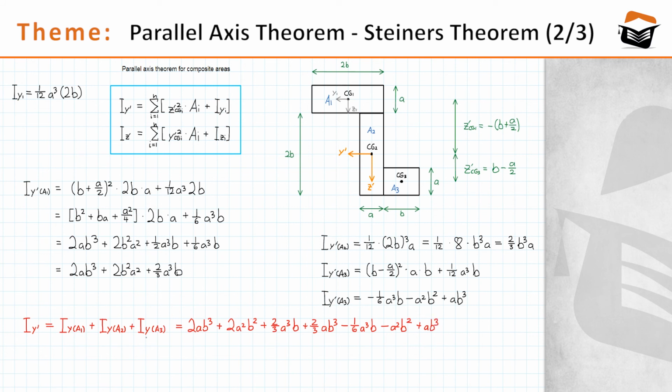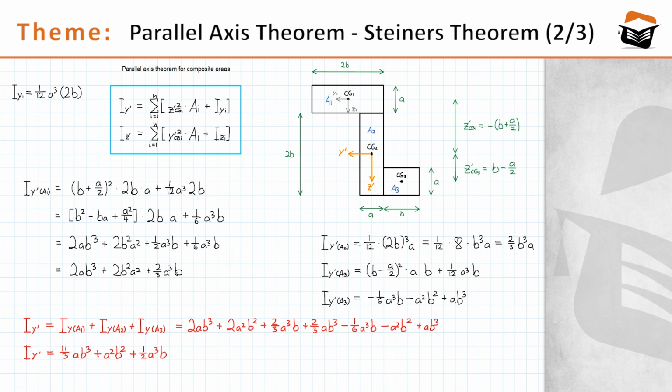Okay, and if we simplify this long term, we are gonna get 11/3 times a times b to the third power plus a squared b squared plus 1/2 times a to the third power times b.